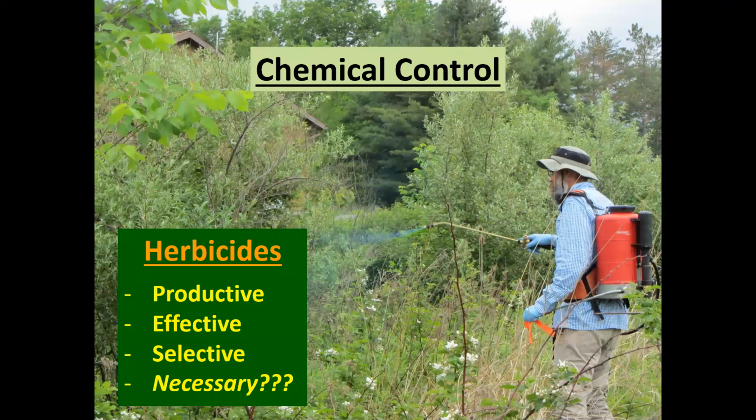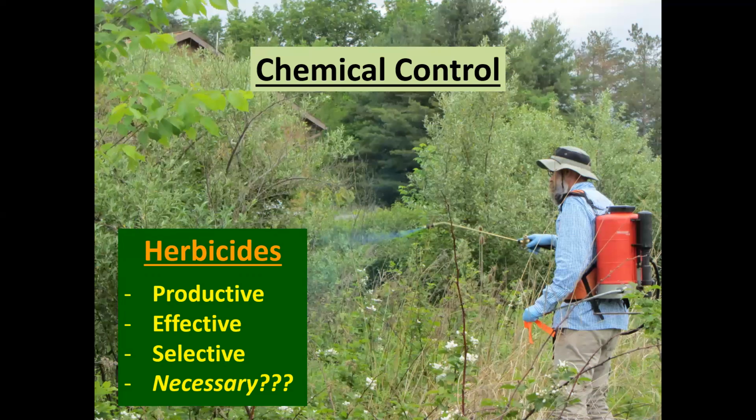We have some selective application methods, so the herbicide is only going directly into that stem or into that plant that we're trying to control. And we also have some selective chemistry, so we have some herbicides that will only control grasses, some that will only control broadleaves, some that only work on seed that are trying to germinate.